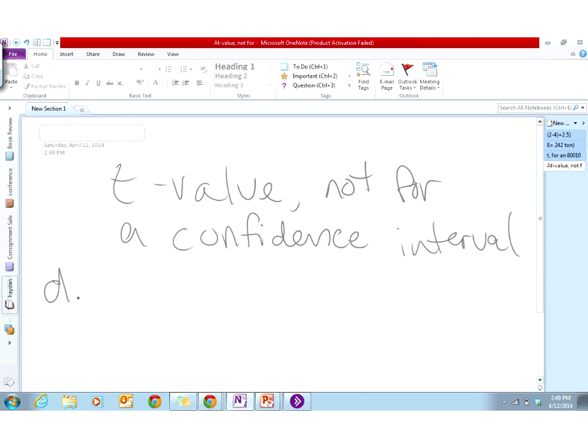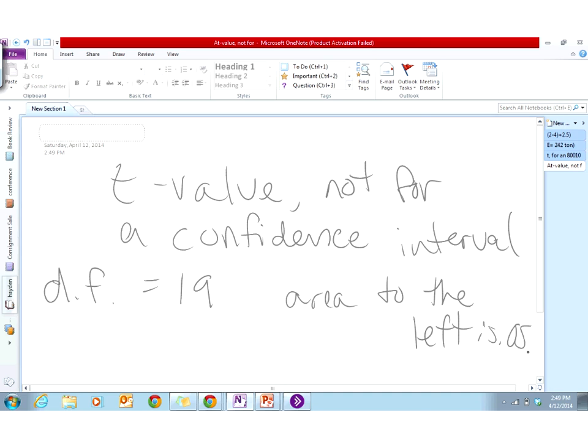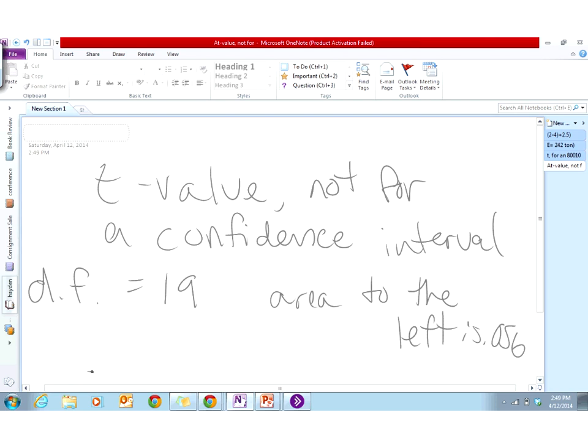Let's say degrees of freedom equals 19, and the area to the left is 0.056. I'm just making that up. So if I drew myself a little picture, it's this area over here that I'm coloring in is 0.056. So I would expect my t-value to be negative.